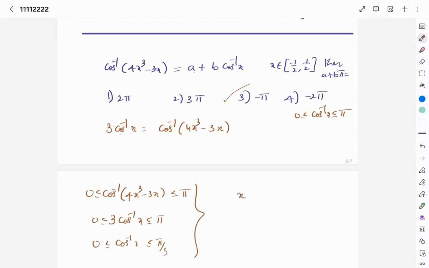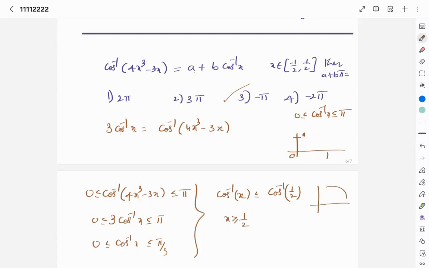That means cos inverse is a decreasing function. How do we know? Take 0 and 1: cos inverse 0 is 90, cos inverse 1 is 0, so it is decreasing. Decreasing means the inequality reverses.